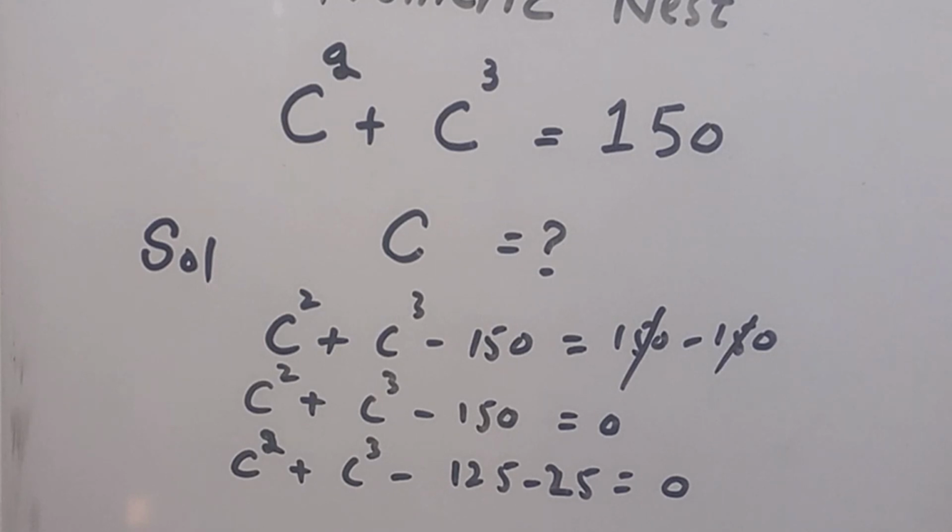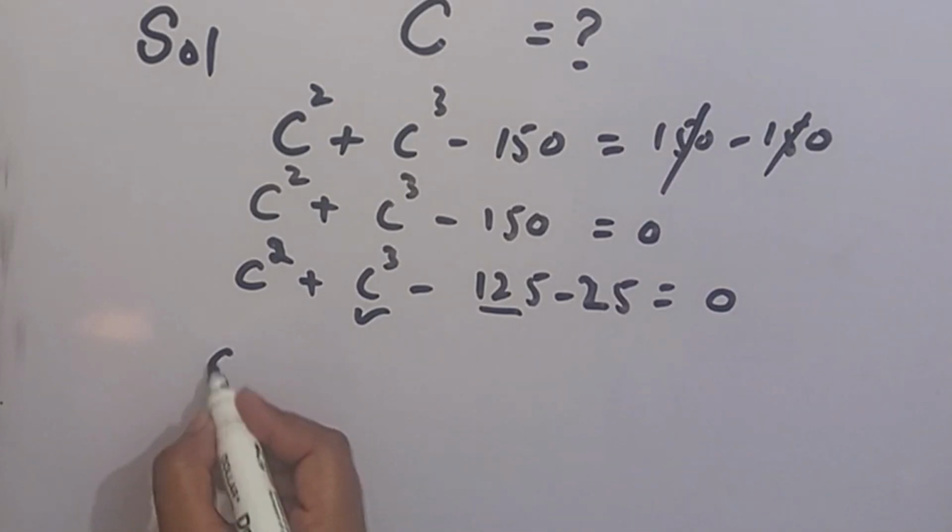The important question is why we write this 150 as 125 and 25. Because we write this 125 as 5 cube, and our term is also in cube form. And look at this 25, we write this as 5 square, and this term is also in square form.